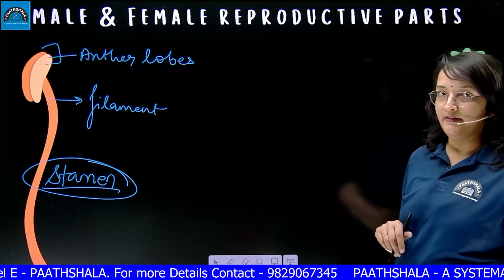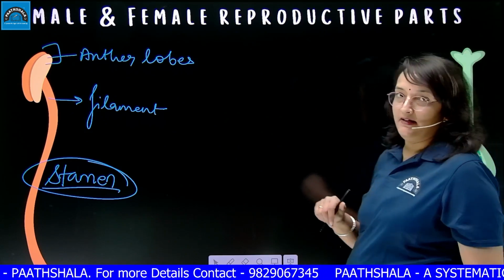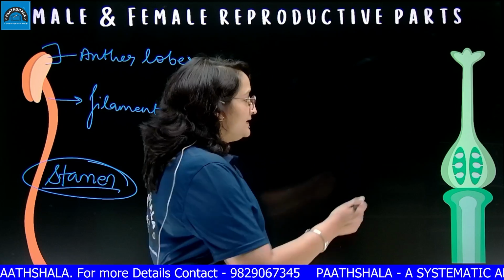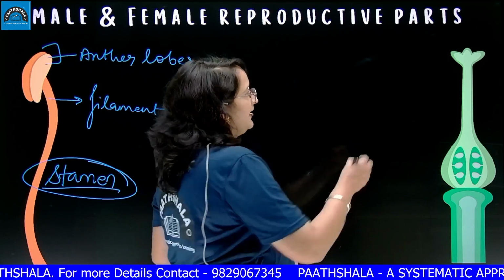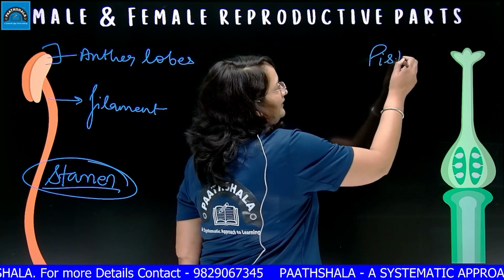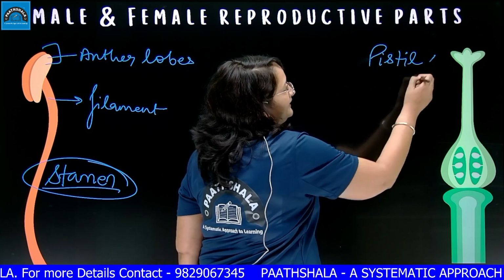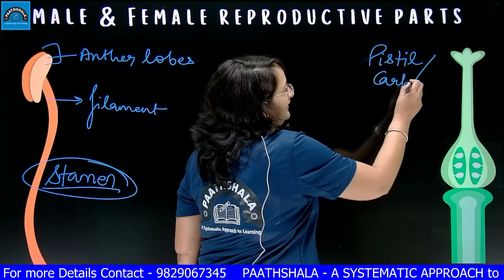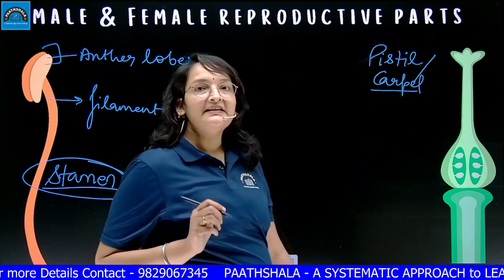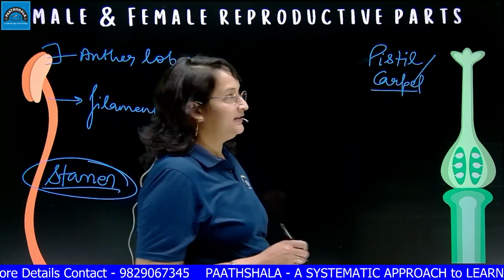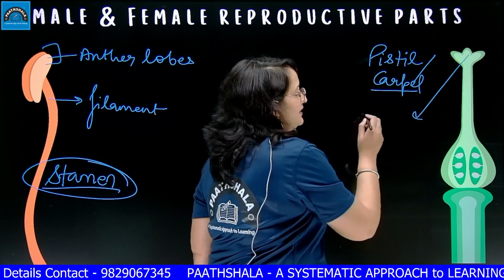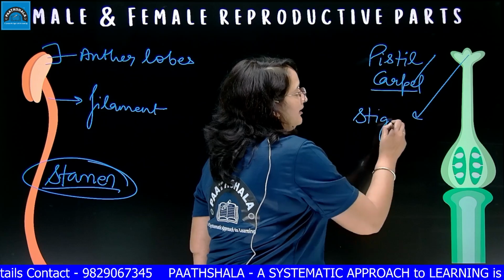And if we look at the female part of the flower, which we call pistil, or carpel, each pistil or carpel is having three structures in it. The top disc-like structure is called stigma.